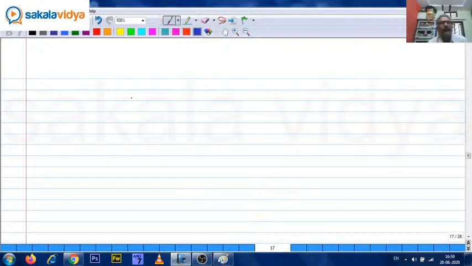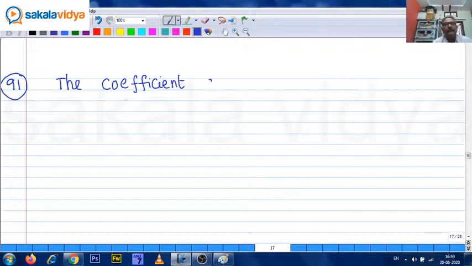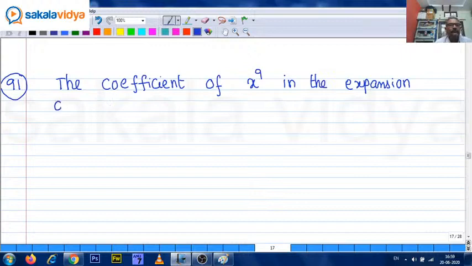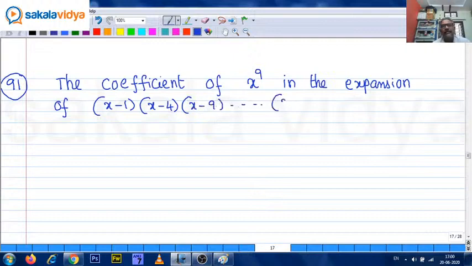What is the question number? 91. The coefficient of x to the power of 9 in the expansion of (x minus 1)(x minus 4)(x minus 9) and so on up to (x minus 100) is.